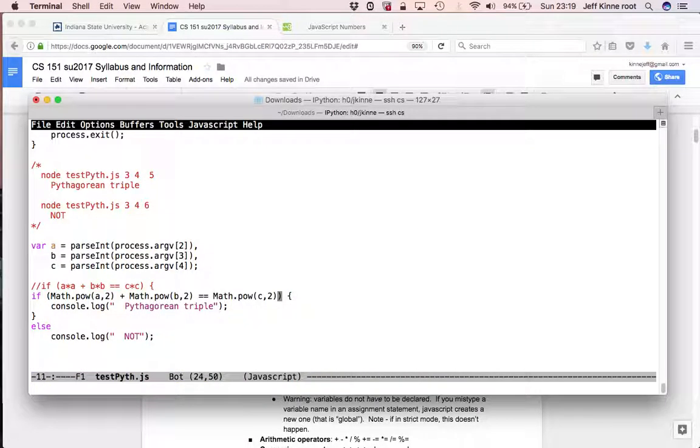Okay, and then for the other, so this is a squared plus b squared equals c squared. Instead of doing c squared here, we could do Math.sqrt, and then that would get rid of this second power.